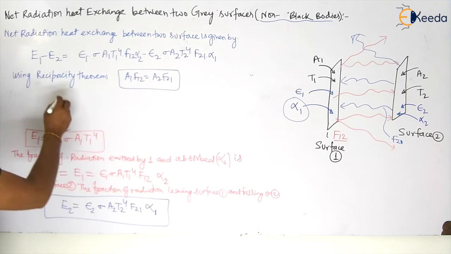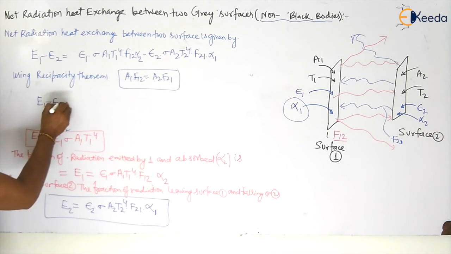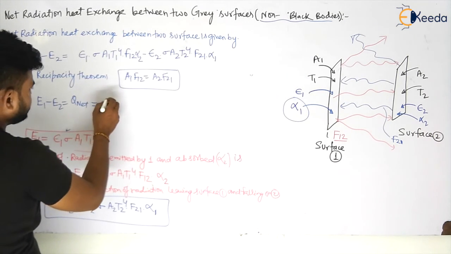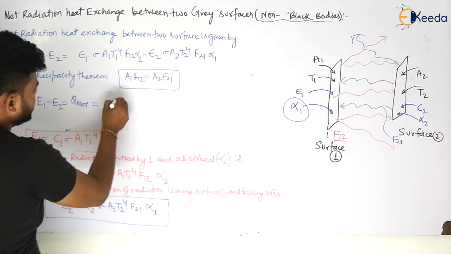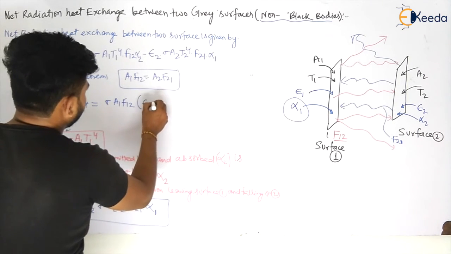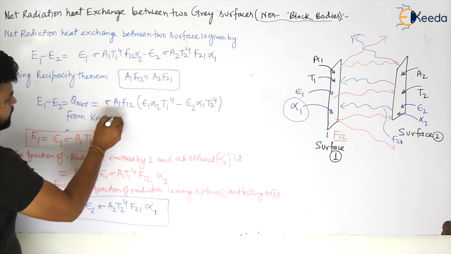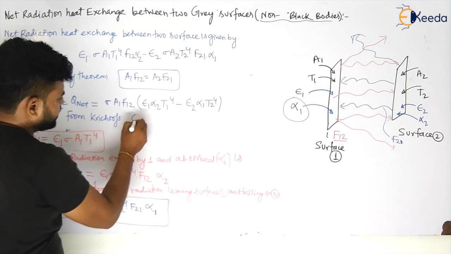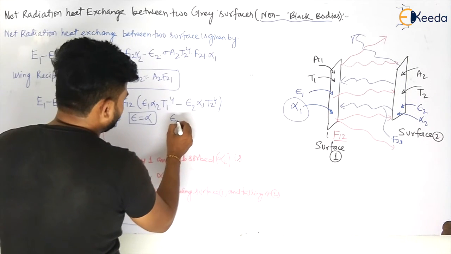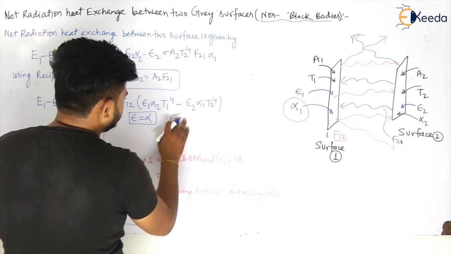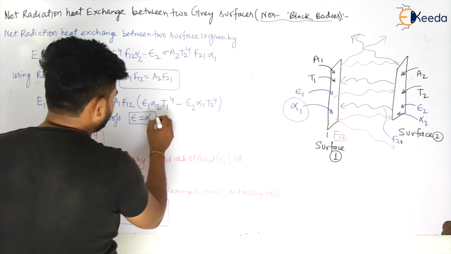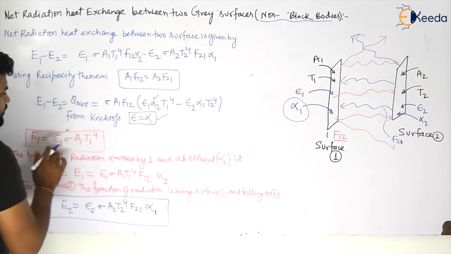Okay, now replacing this with this value, I will have E1 minus E2, that is Q net, given by sigma A1 F12 into E1 alpha 2 from Kirchhoff's law under thermal equilibrium, that emissivity is equal to absorptivity alpha. So can I take that E1 absorbed by 2? This will be E1 is equal to alpha, my dear students. Can I take alpha? Yes, I can take out.